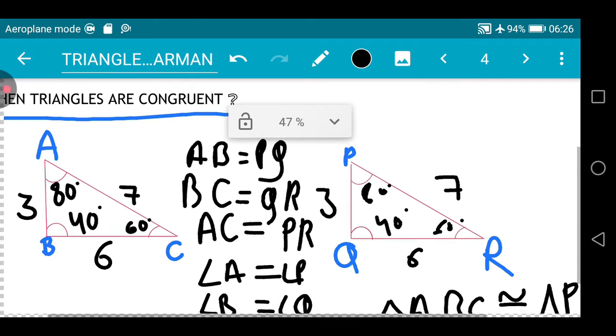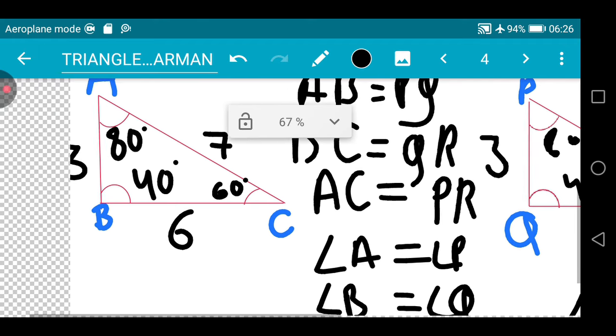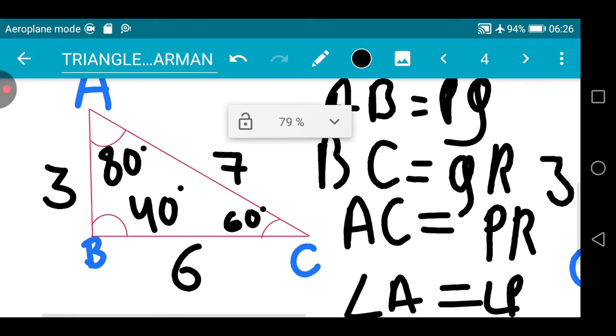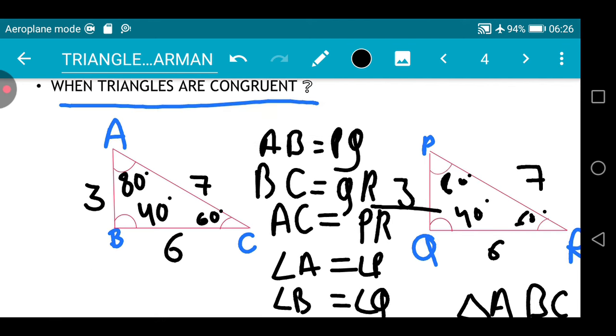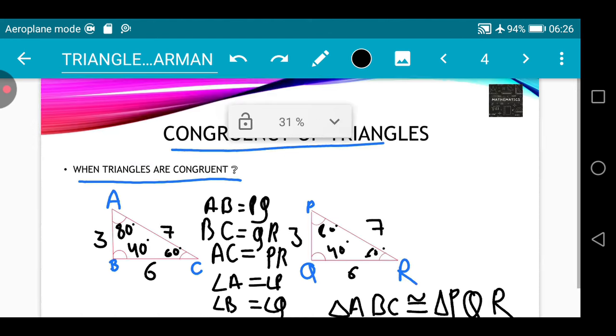So if I have only sides, can we prove that these two triangles are congruent? Yes, we can prove it.